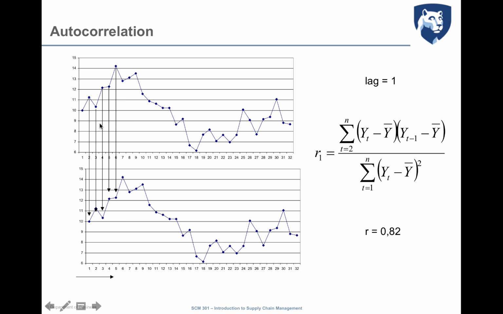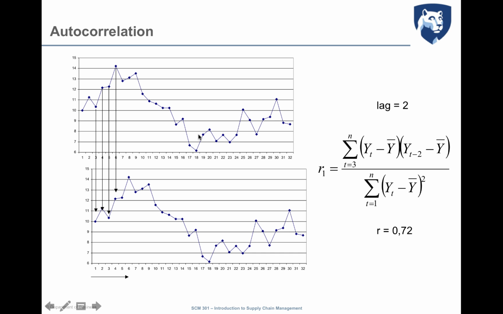If you move by 1, you are evaluating if observation number 2 is correlated to observation number 1, if observation number 3 is correlated to observation number 2, if observation number 4 is correlated to observation number 3, and so on. So with lag equal to 1, I found that the correlation is not so different from 1: it is 0.82. So it means there can be a correlation between an observation and its successive value.